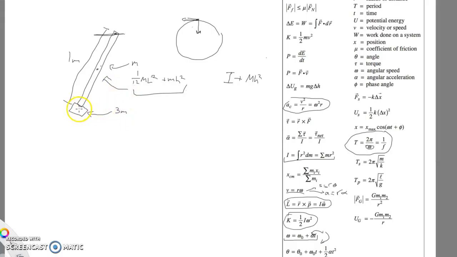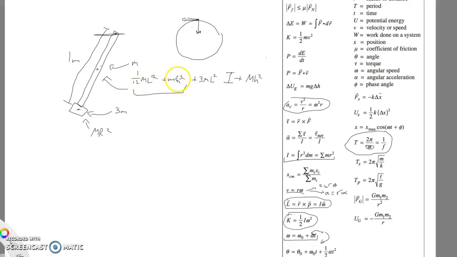And then this right here we would treat as a point, since we don't have dimensions for it and it's relatively small, and it has a mass 3m. And so when we find moment of inertia of a point, we just use r squared. So that's 3m, and then r is going to be equal to 1 meter. We'll just call it L. So we'll say L squared. Okay? So now we have to plug in some other values.